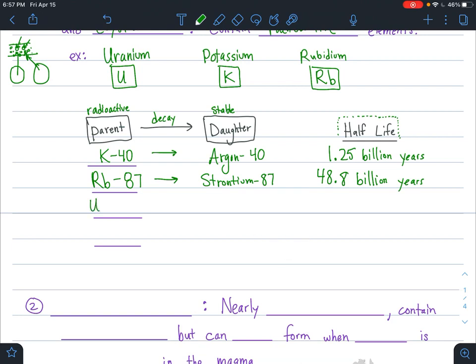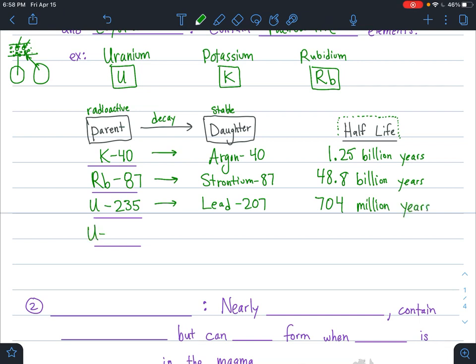Next, let's take a look at some uranium isotopes. We'll look at two of the most popular ones. First, uranium-235 would decay into lead-207. When half of the sample of uranium-235 has turned into the daughter form of lead-207, that process takes 704 million years.